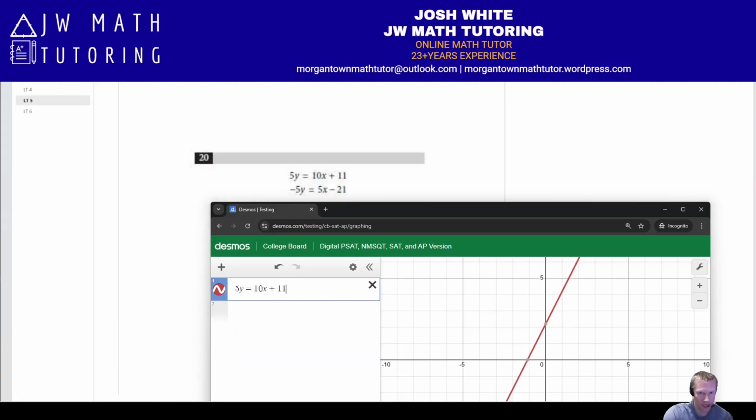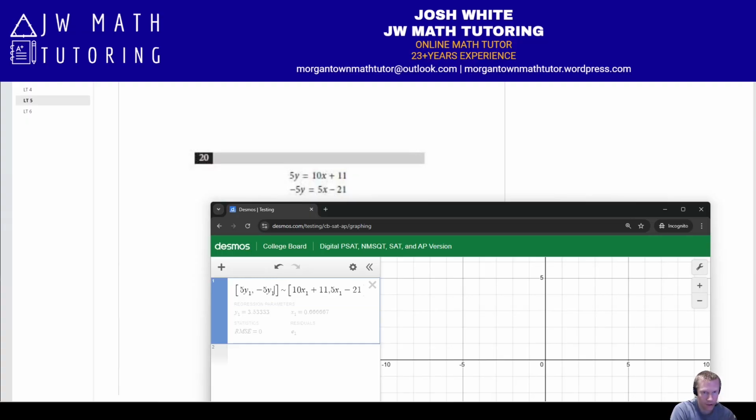So the way around that is you solve the system using regression. Let's see, we're going to have 5y. So again, if you want to know how to do this, want more practice with this, go to my ultimate Desmos guide to digital SAT math. It's in the advanced video part of it. All right, I just need to change these to y1.